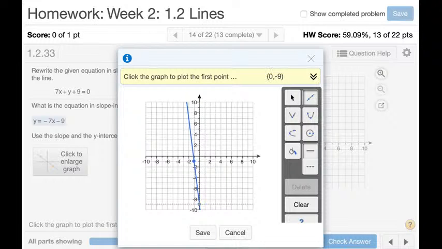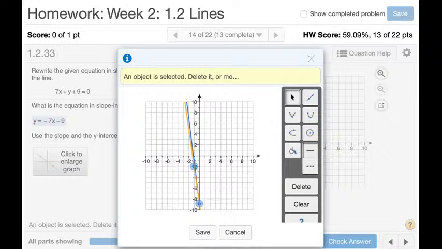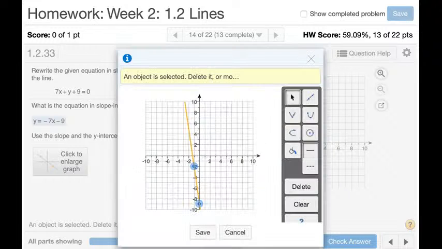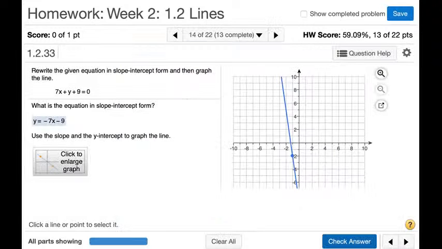I think I just clicked. Clear. Can I delete this other one? See, here's our negative 9, back 1, and up 7, we should be at negative 2. I'm going to go with this one.